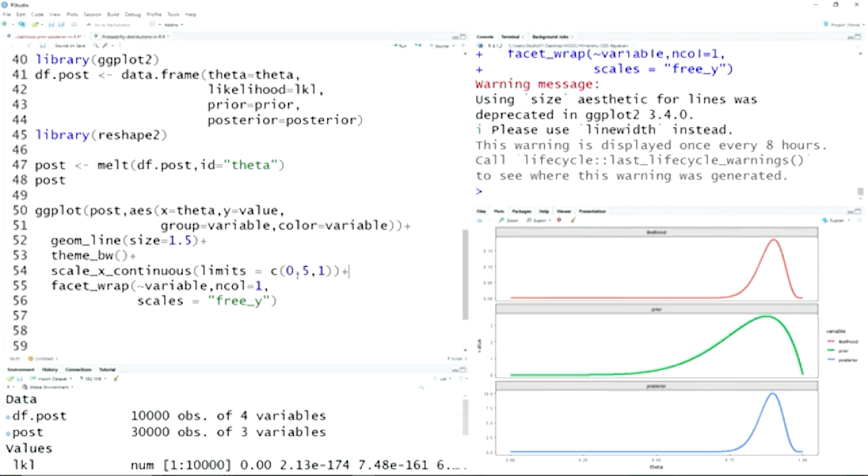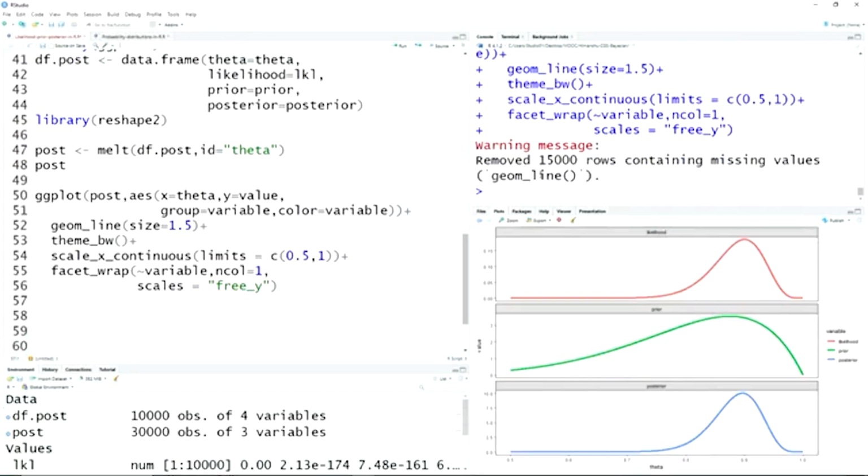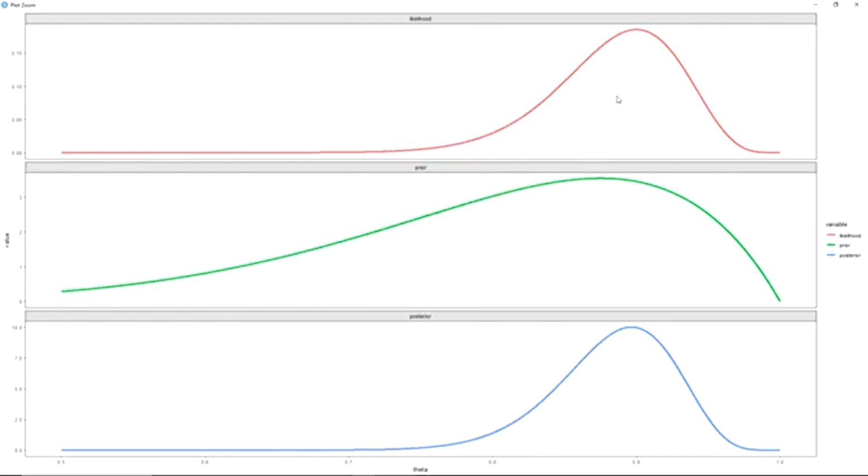Okay, so this would show you only the right half of the plot. So this is better for visualization. So yeah, the posterior looks very much like the likelihood. Prior does not have much effect because prior is very uninformative. So it's all over the place, right? So the prior wouldn't have much effect on this posterior. So the posterior looks very much like the likelihood.